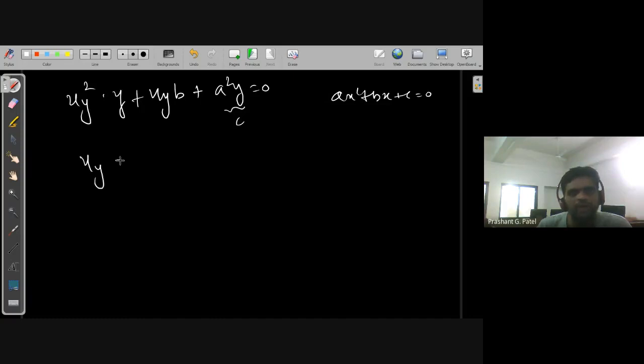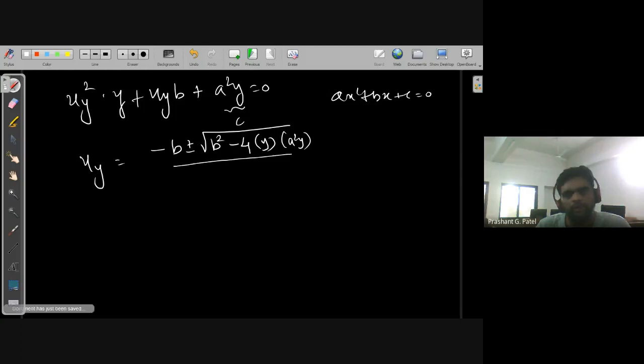So uy is minus b plus or minus square root of b square minus 4ac, with a is y, c is a square y, upon 2a. So finally we have minus b plus or minus square root of b square minus 4 a square y square upon 2y.